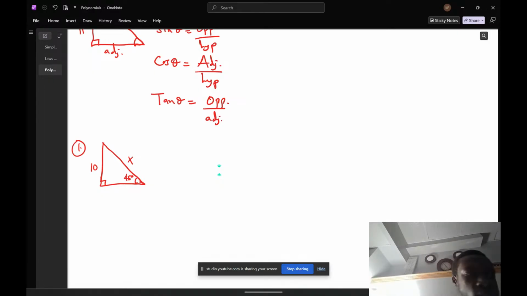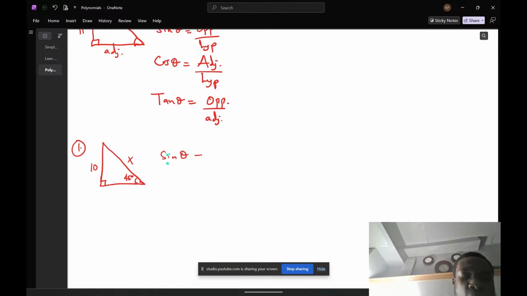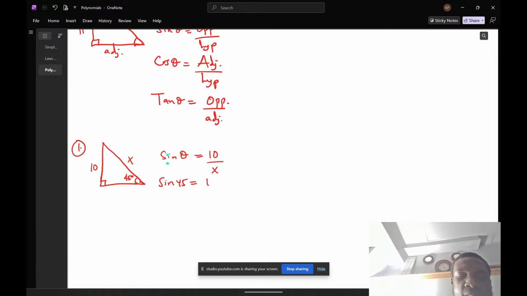The trigonometric term that correlates these three together is sine theta. So sine theta is equal to opposite, which is 10, over the hypotenuse, which is x. Theta is 45 degrees in this case. So we have sine 45 is equals to 10 over x.